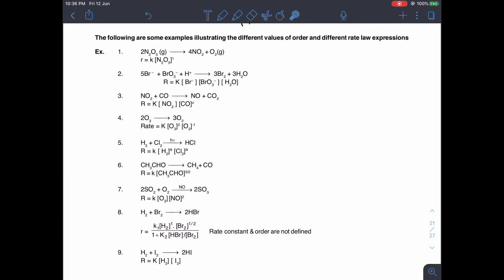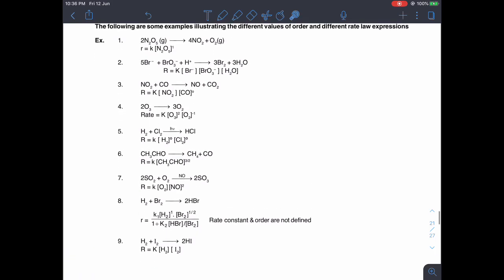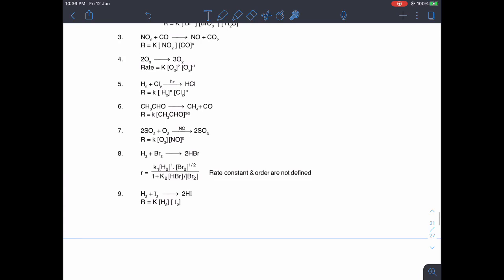Now, you look at this reaction, 1, 1 and 1 is the order, but if you look at the stoichiometry it is 5, 1 and 1. Right. Now, coming to the third one, NO2 is written here, CO is written, with respect to CO the order is 0.